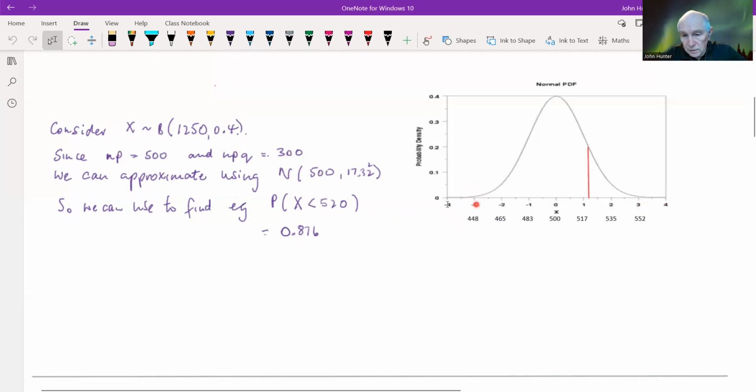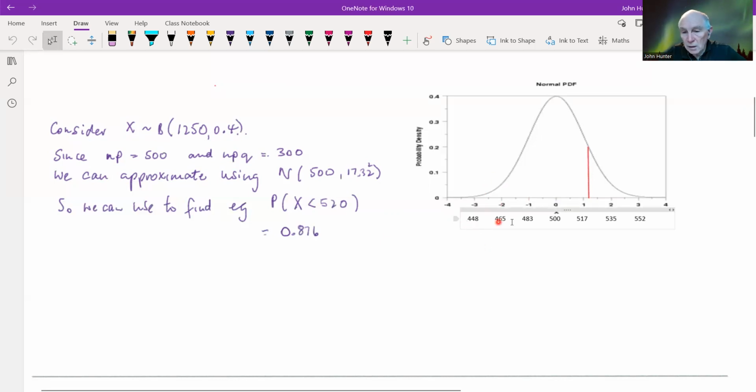I've left the Z value in there, because that just comes with the diagram. But this is the sort of thing we're looking at. We've got the mean here in the middle, and then one standard deviation is going to be 17.32 away from the mean on both sides.